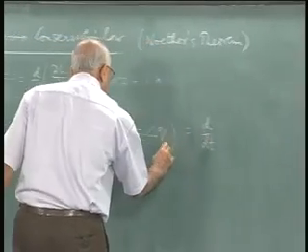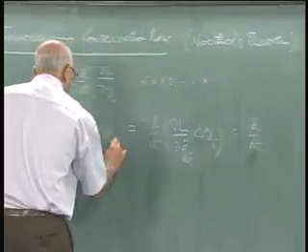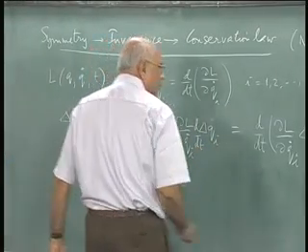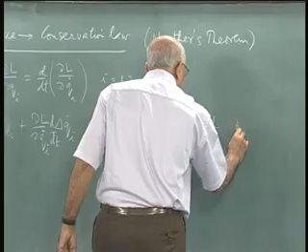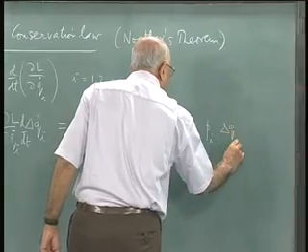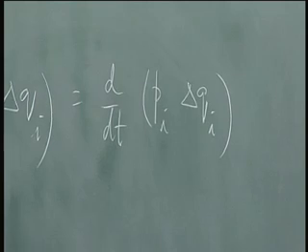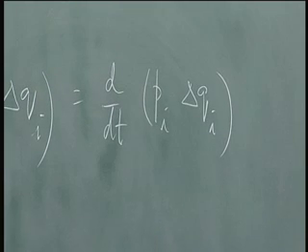So let us put in all the i's. d over dt of p_i delta q_i. So using the Euler-Lagrange equations I can write an arbitrary infinitesimal change in the coordinates in the form of a total derivative.